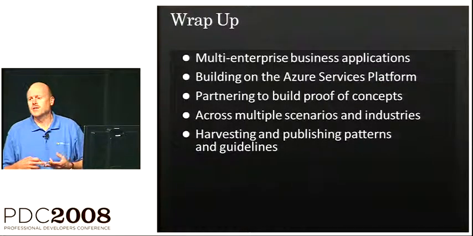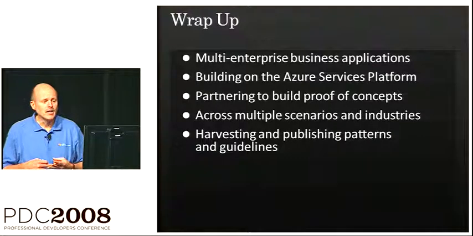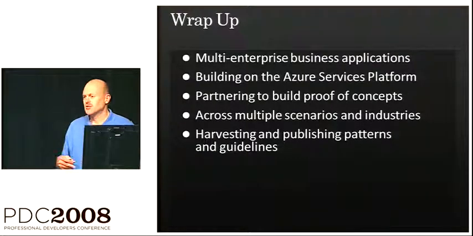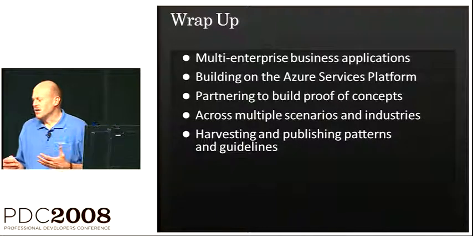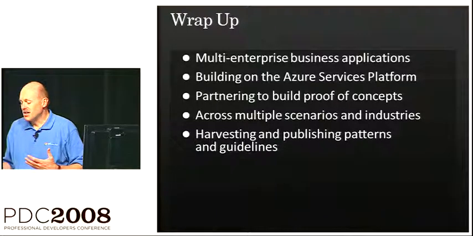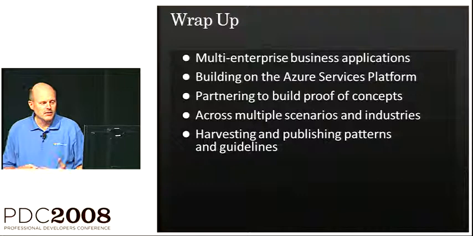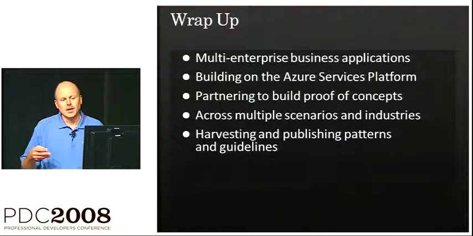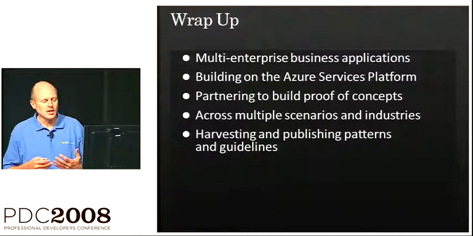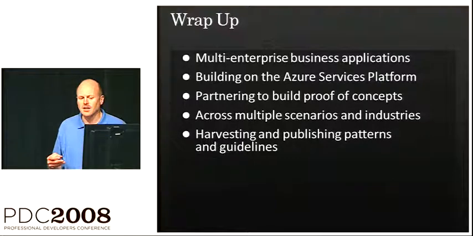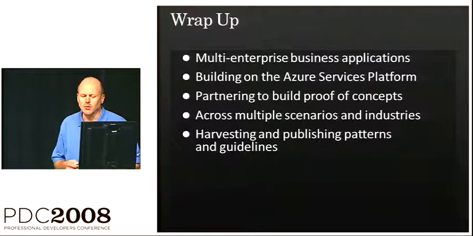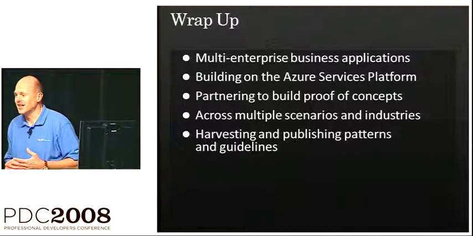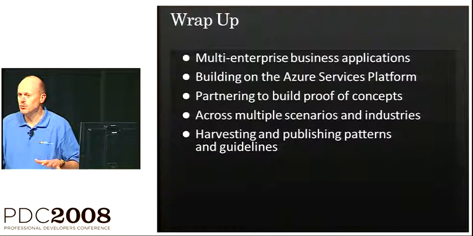Another key point we made here is that we're partnering with Red Prairie to build proof of concepts to show how these ideas actually look when implemented on the cloud services, and making those available to our partners and customers so that they can begin to understand how they can do the same kind of thing. We do intend to publish some architectural guidance which is grounded in these proof of concepts.